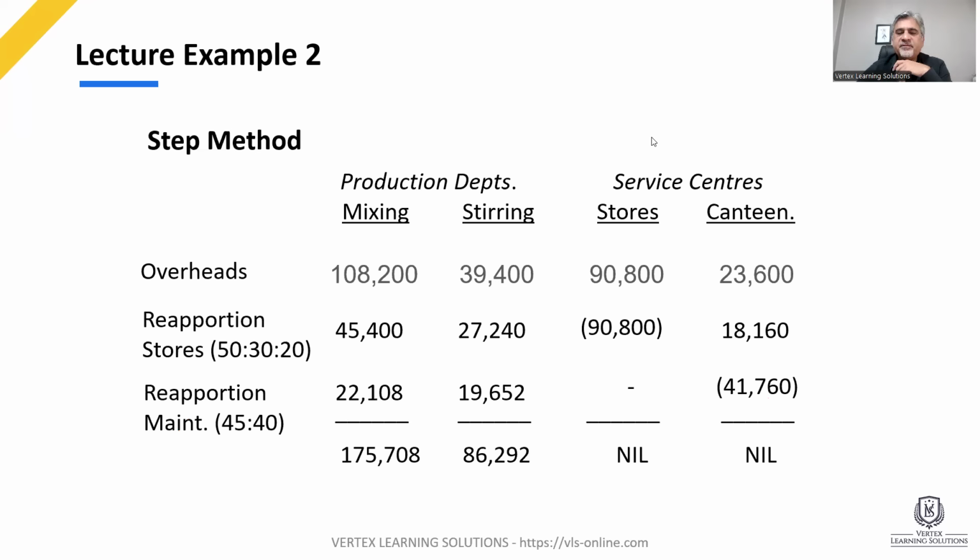Now, this method will again give you a total overhead that remains 262. When you make a sum total of these numbers, it will become 262. So total overheads are not changing, but the amount in the individual department is changing. Now, if you see, it is 175,000 based on the step method.